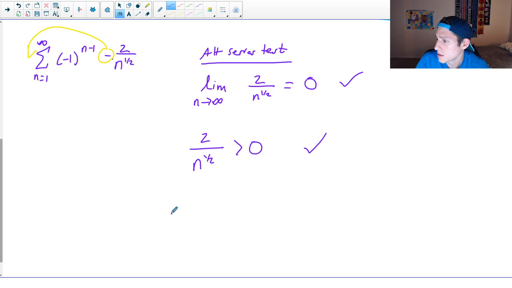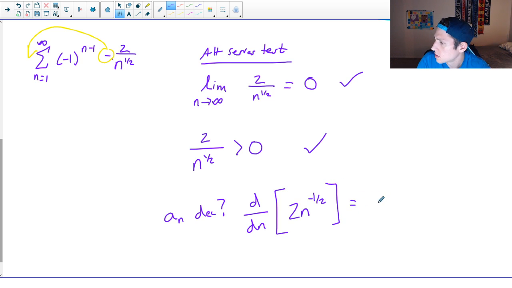And the third thing is we want to know, is it decreasing? So let's look at the derivative of this, which I'm going to rewrite as 2n to the -1/2. So that would be n to the -3/2.